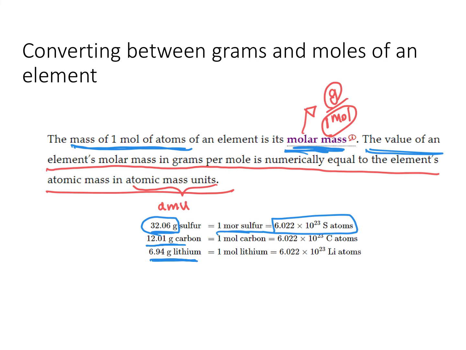If I ask you that, you go to the periodic table, you read the atomic mass. And that tells you 1 mole of lithium has that many grams of lithium. The same thing for carbon. The number of atoms in 1 mole is the same, but the grams would be different for different elements. Any questions?